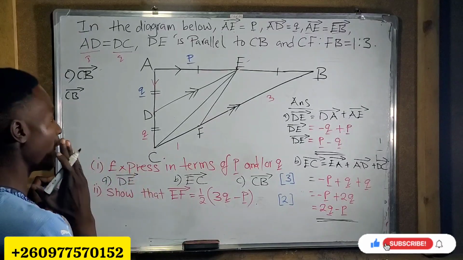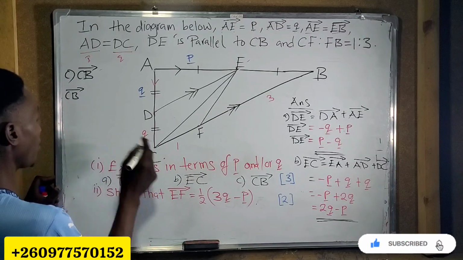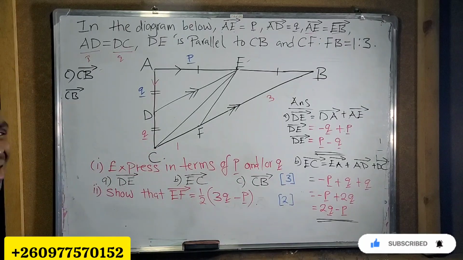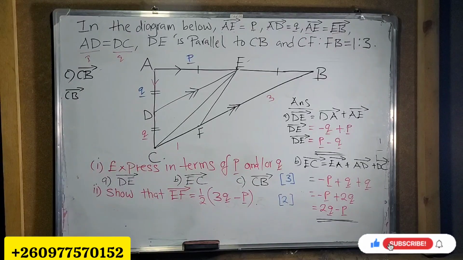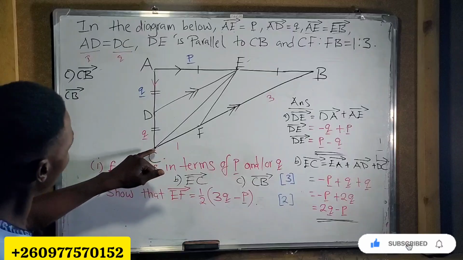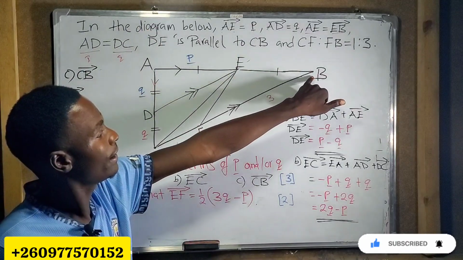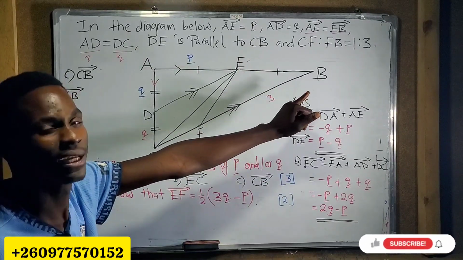CB is simple. Why? Because the origin is C. Correct. So, since this is the origin, we are going to move CA plus AB, or AE plus EB.